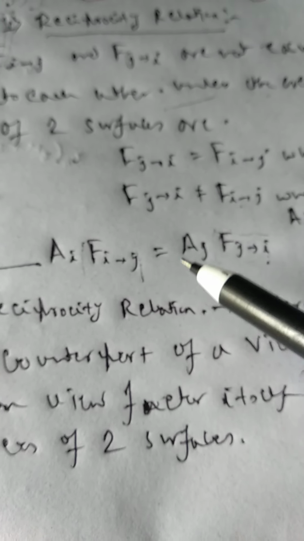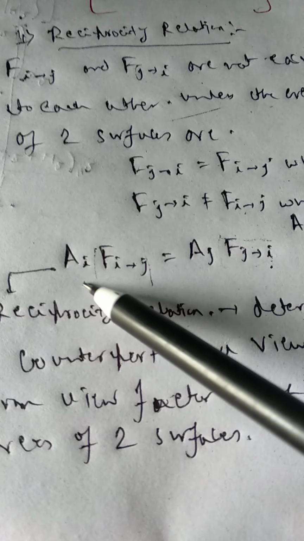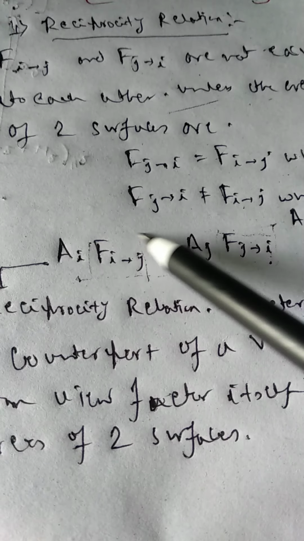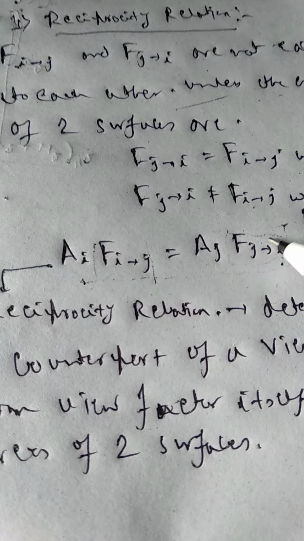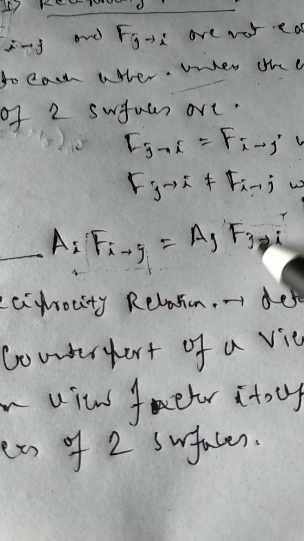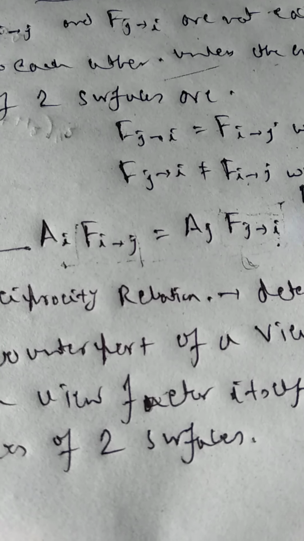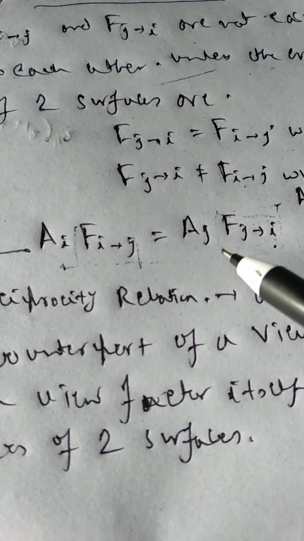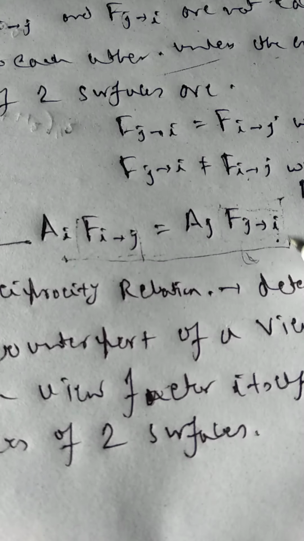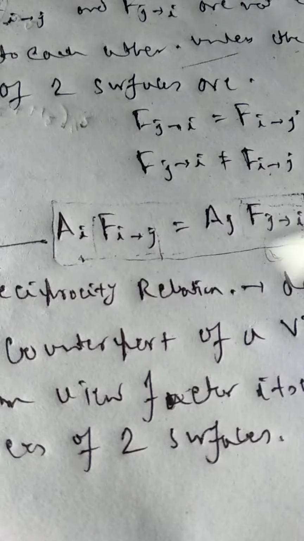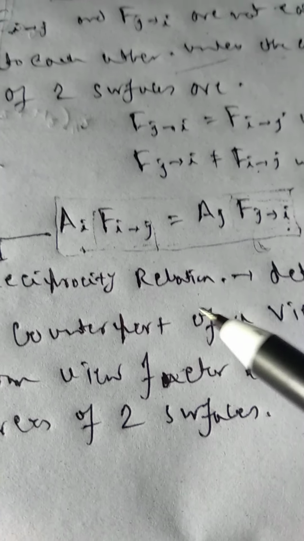So how can you use this relation? Suppose the easier of the two view factors we can find out directly, and the other view factor which is not so easy, which is difficult, we can apply this relation to find out. Okay, so this is the importance of the reciprocity rule.